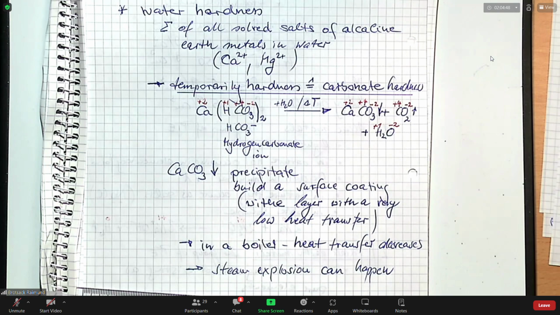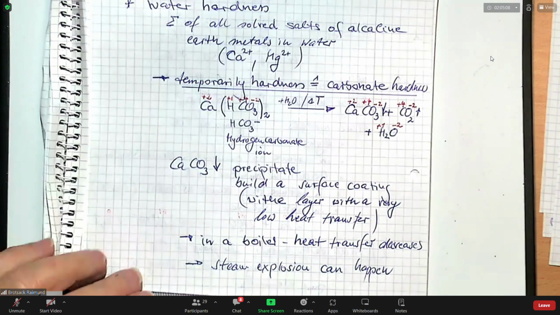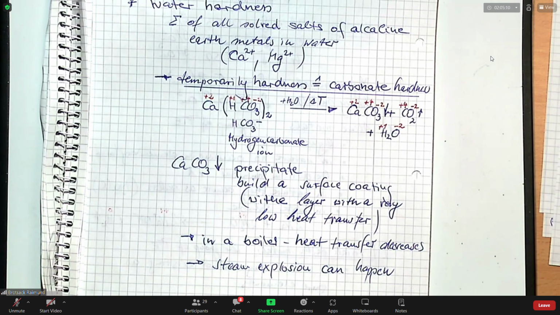That means a white layer with a very low heat transfer. White, yeah. So this is the temporary hardness. When we talk about temporary, yeah?